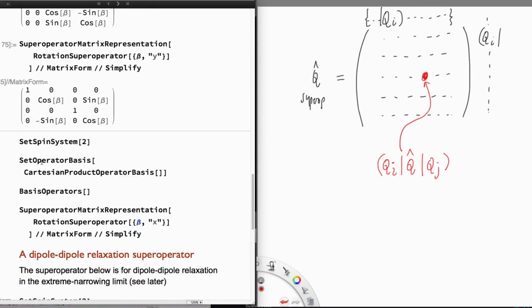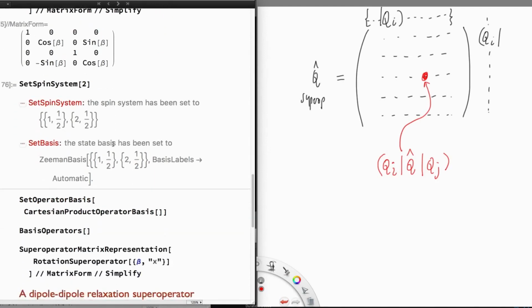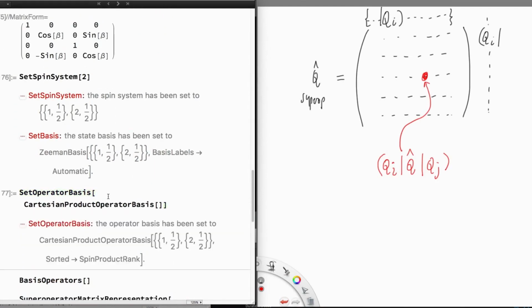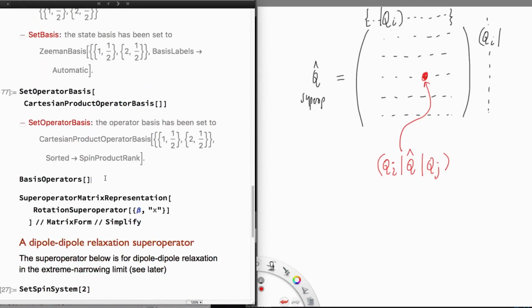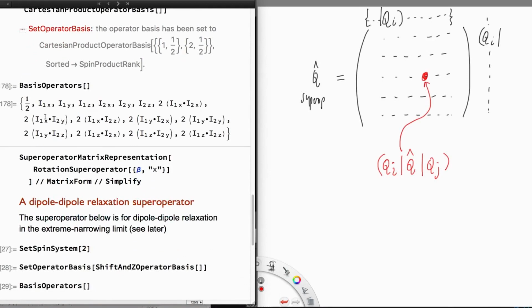When we go to higher spin systems, things get a little bit more tricky. So if we have a 2-spin-half system, and again set up a basis of product operators. So again we have the unity operator, we have a bunch of 1-spin operators, and then a bunch of 2-spin operators.